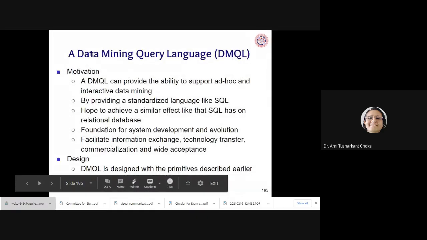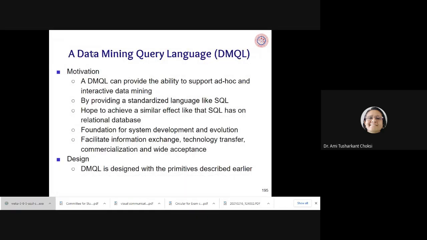Now, for providing the primitives, or we can say we want to get data, we are using a data mining query language, right? For our normal databases, we are using SQL, right? Here we are using DMQL, that is data mining query language.